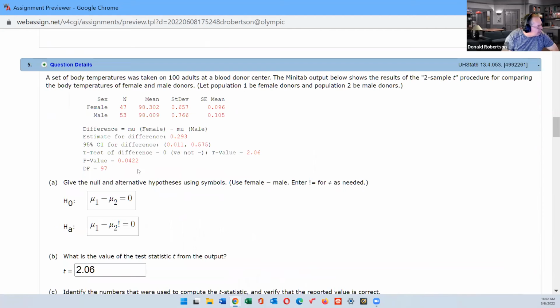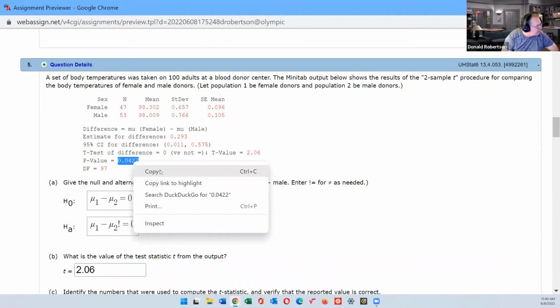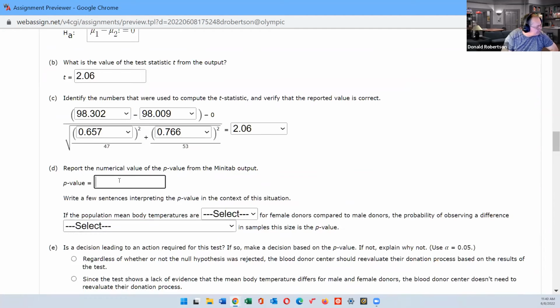Well, that guy is here. Now, isn't that less than 0.05? So we've got evidence that women's temperatures are actually different from men.